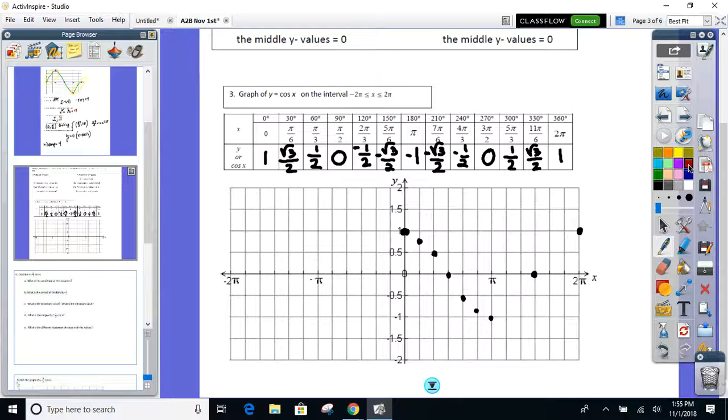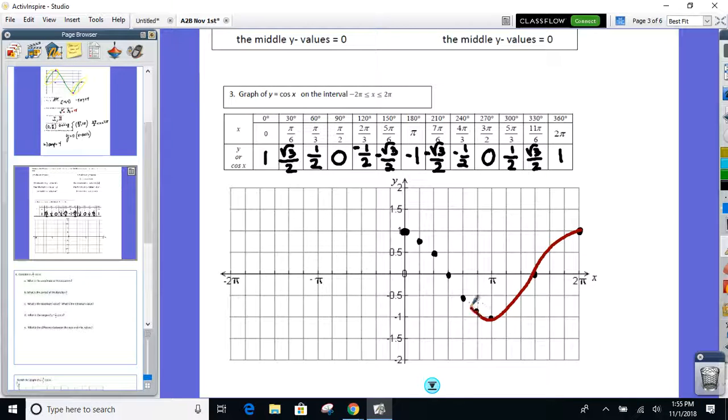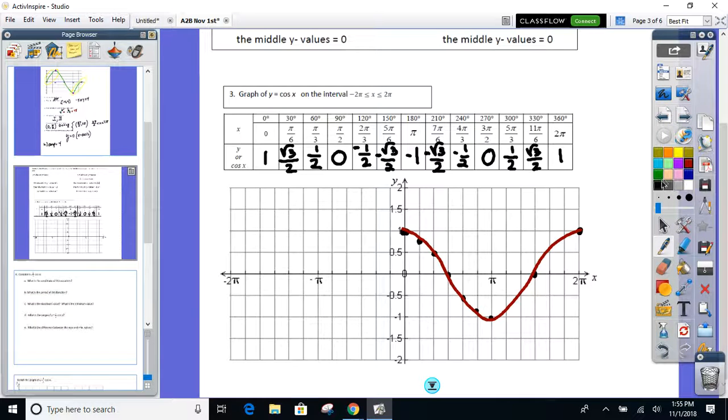Okay, and then most of you already connected it, and that's fine. Just make sure it's a smooth curve. What do you think is going to happen on the left side? It's going to start repeating, so it looks like I got 2 U's up there. Or V's, I don't know, whatever letter you want.